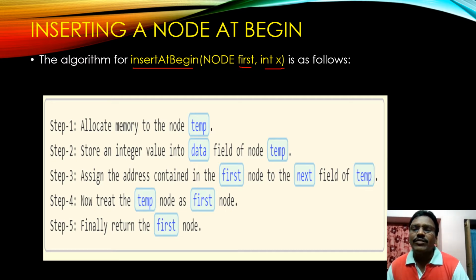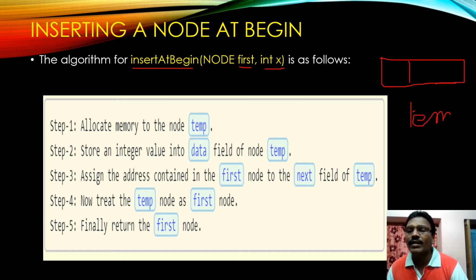It means, for example, allocating memory to the temp represents some memory location. At the time of allocation, temp next stores a null value.